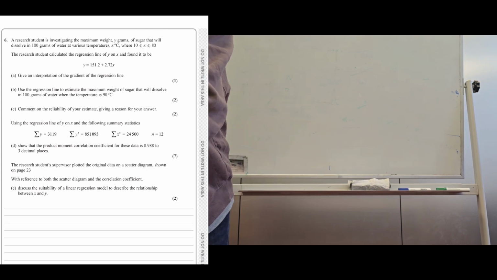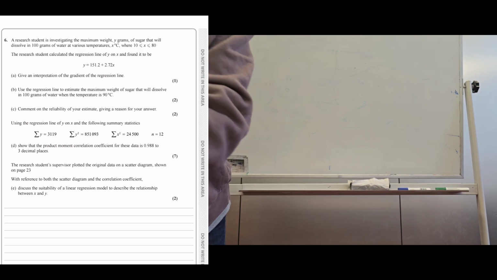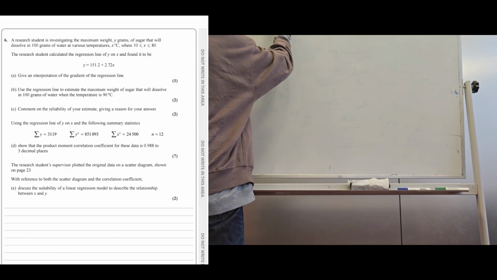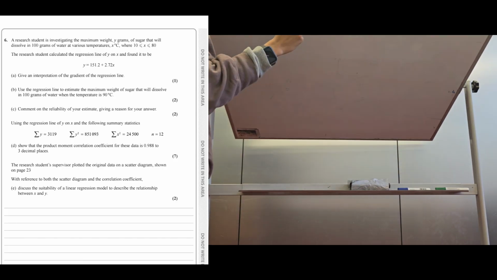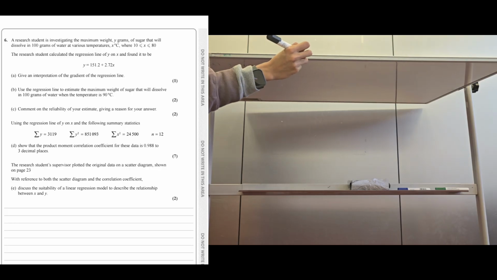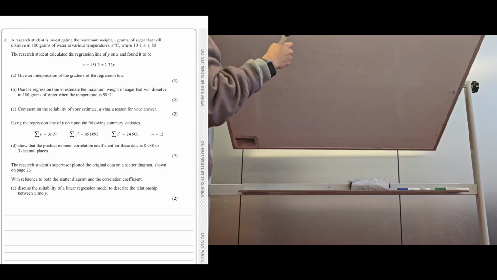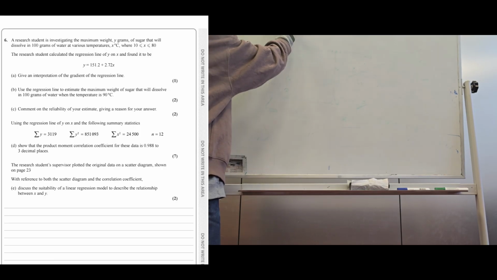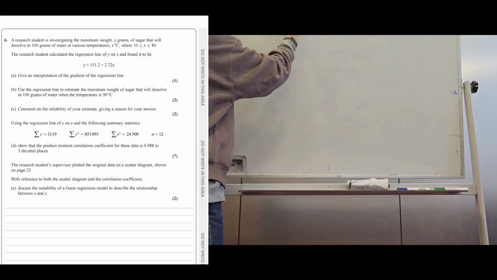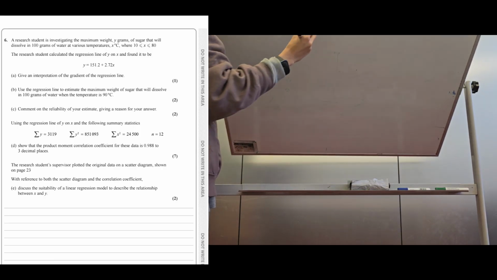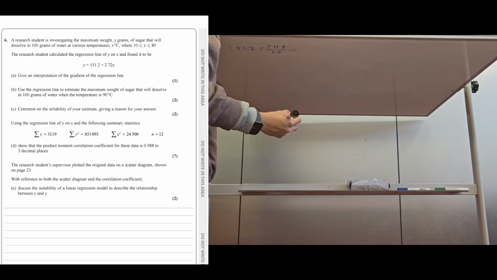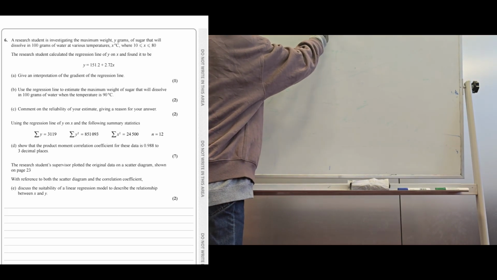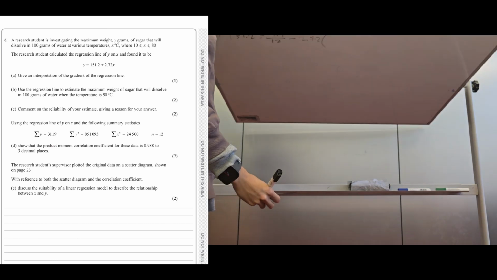151.2 is equal to summation of y over n. So 151.2 is equal to summation of y, which is 3119, divided by 12, minus b, which is 2.72, into summation x over 12.